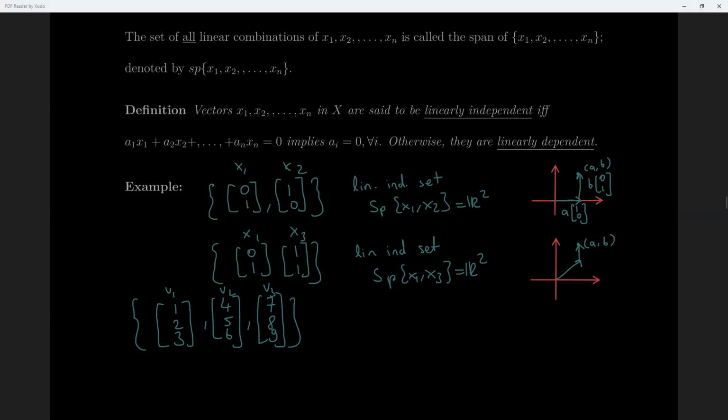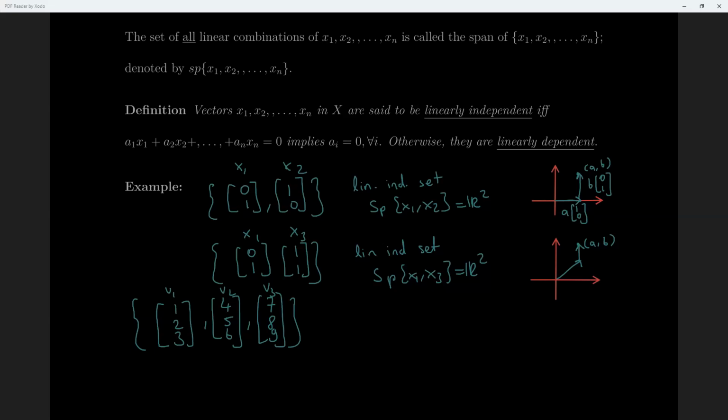so what is the independence condition? A linear combination being equal to 0 should imply that all the scalar coefficients are equal to 0, right? So if I can find a linear combination of these 3 vectors which ends up being equal to 0, where at least one of the scalar factors is not equal to 0, then I can conclude that these vectors are linearly dependent.